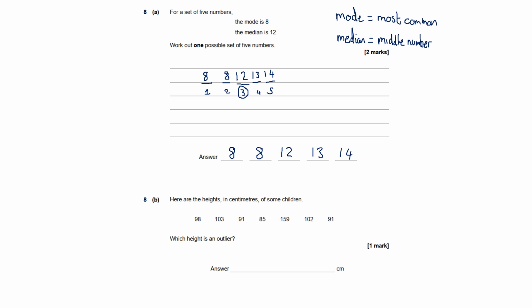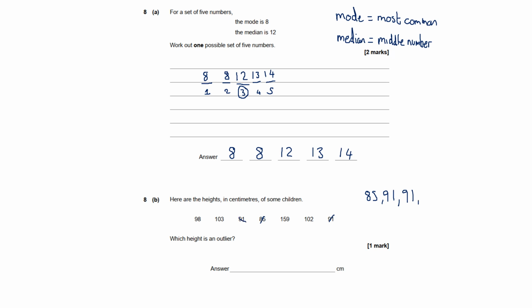So let's see here. So let's start. Which one's the smallest here? I think that's 85. I'll just mark that off. 85. Then we've got 91. 91, because there's 2 lots of 91.